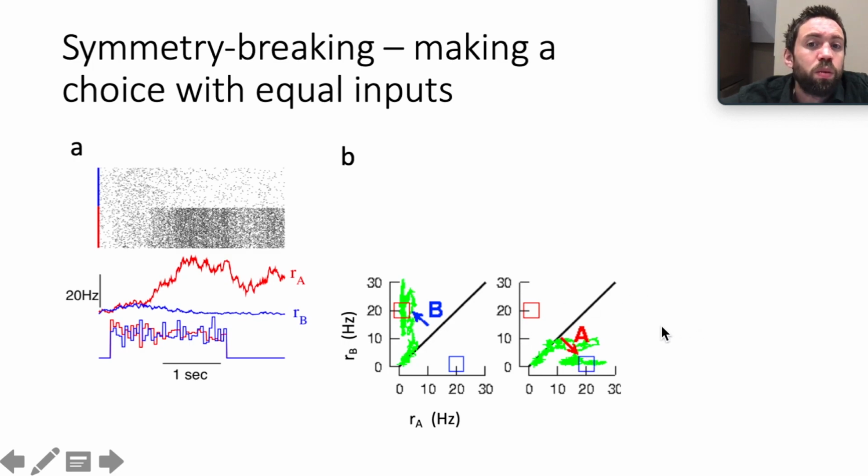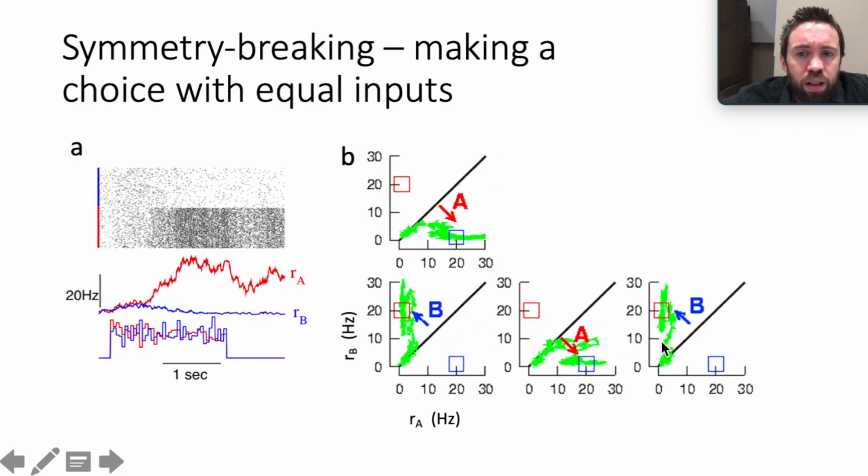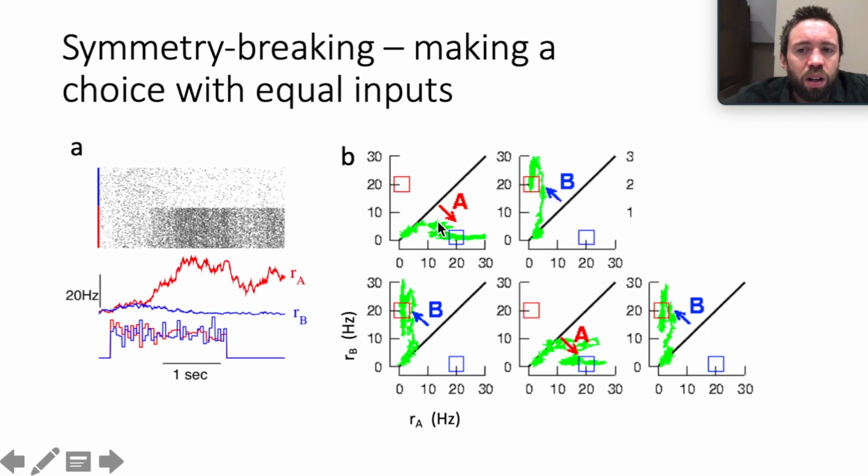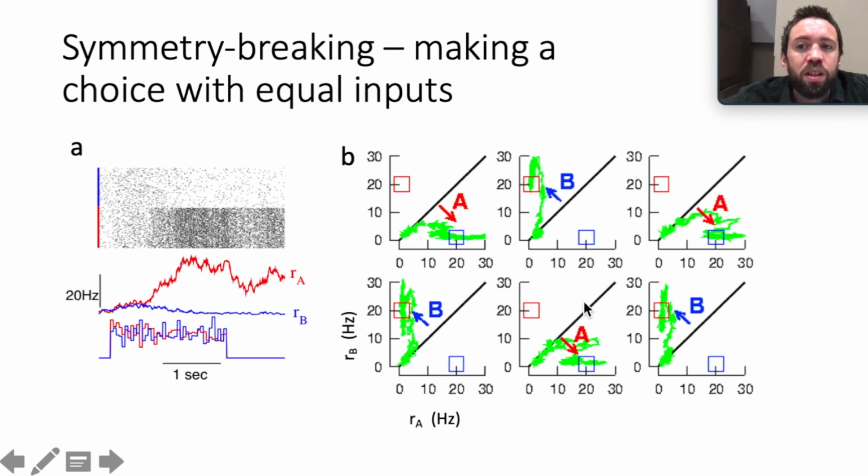And we can see multiple different repeats of the simulation with zero coherence here. Sometimes it goes up to A, sometimes it goes down to B, but there's always this initial period in which the network seems to be uncertain before a decision is made.